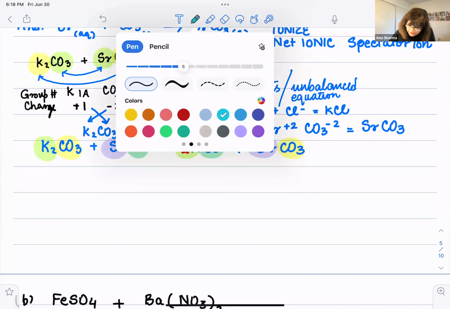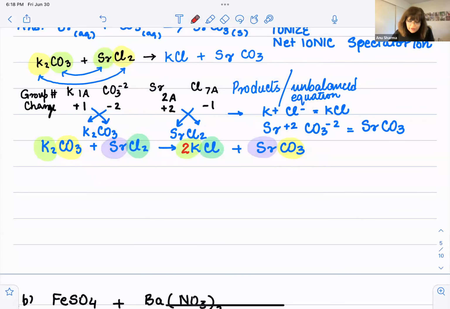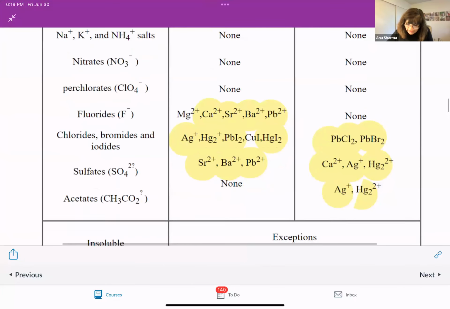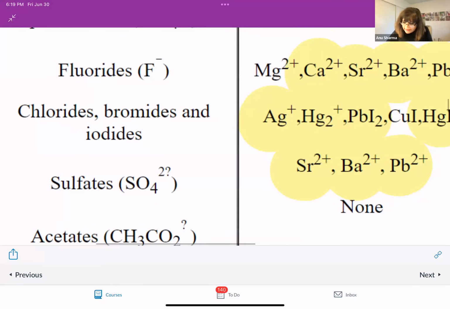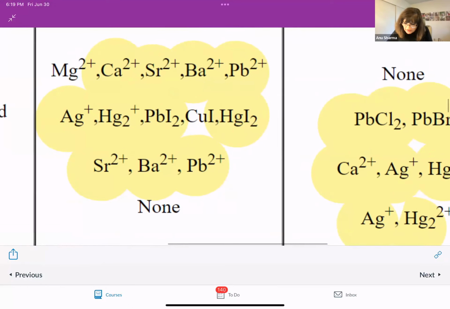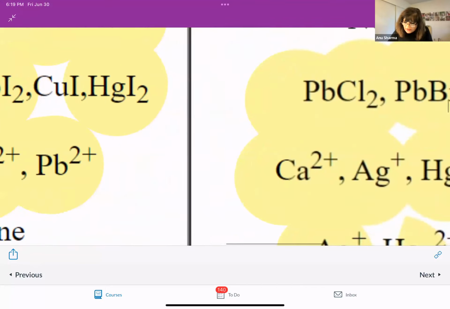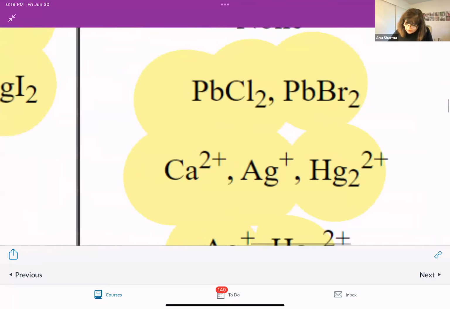Next, we need to identify the solubility. For K2CO3, remember potassium is group 1A, therefore this compound is going to be soluble. Strontium chloride: all chlorides are soluble except a few exceptions.